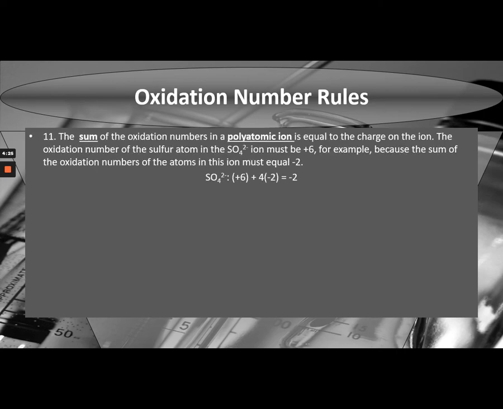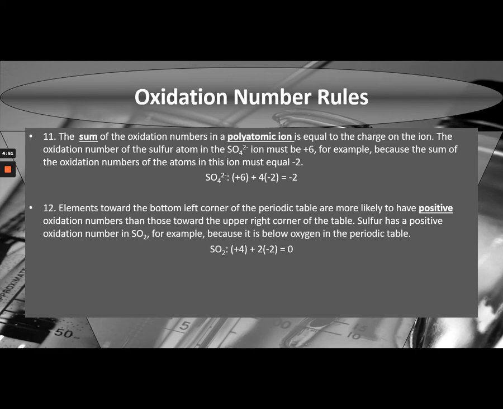The sum of the oxidation numbers in a polyatomic ion is equal to the charge. The oxidation number of the sulfur must be +6 in order for the sum of the oxidation numbers of the atoms to equal -2. In SO4 2-, each oxygen is -2, so 6 minus 8 equals -2.